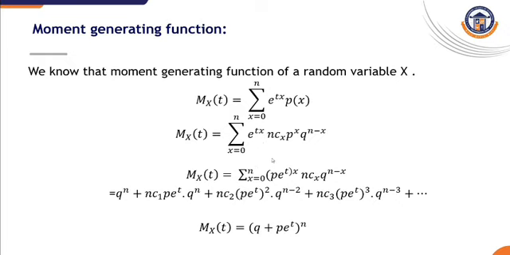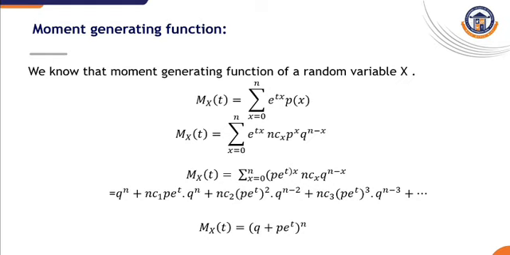Now we write the summation of x equal to 0 to n of (p e^t) to the power x, combined in terms of x, and the remaining values we write as nCx q^(n-x). This is a discrete case with a finite number of elements.